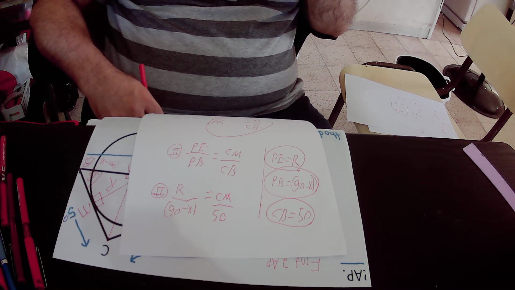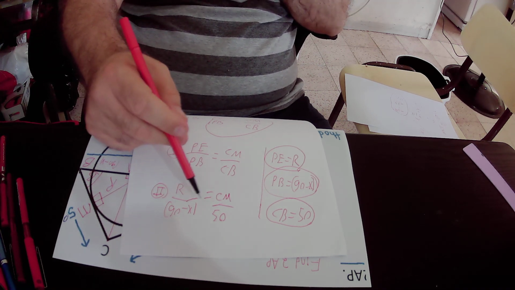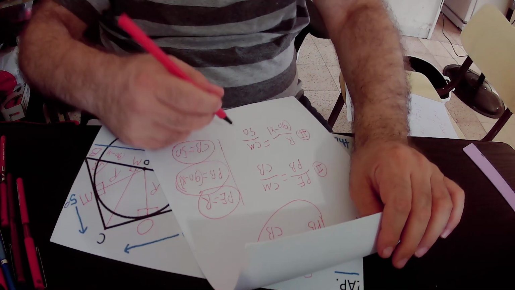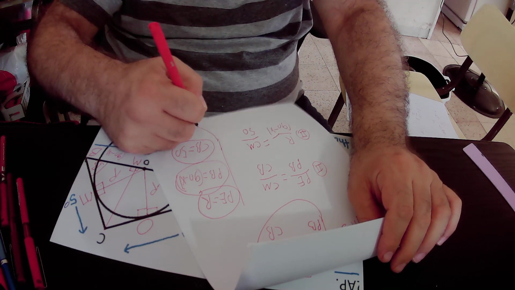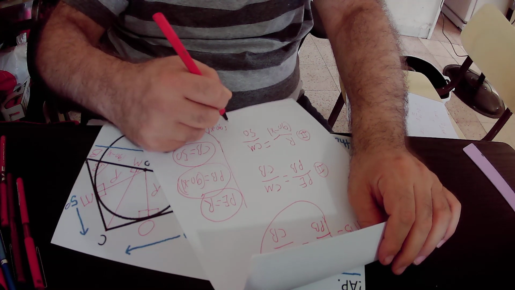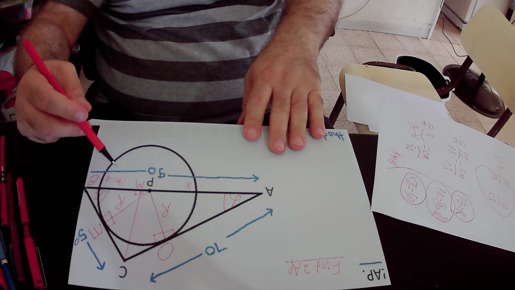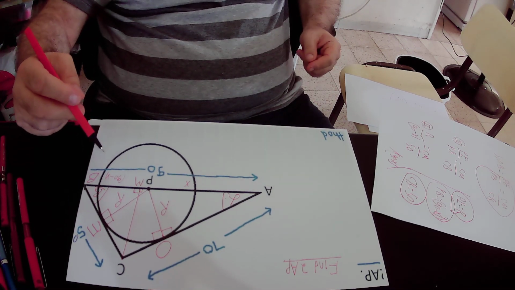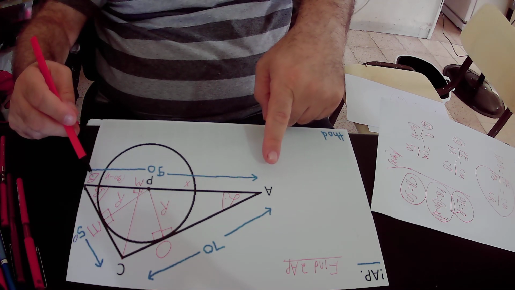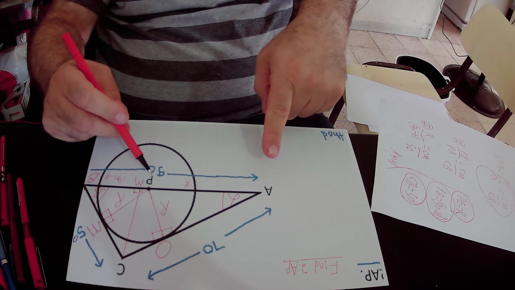Now we will multiply both sides of the equation by 90 minus x. Again, 90 minus x is a positive number because the size of AB is 90 units and the size of AP is x, that is less than 90 units.